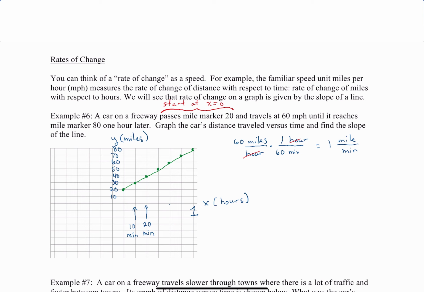What's the slope of that graph? Well, using rise over run, I've got a rise of 60 miles, right, going from 20 up to 80.